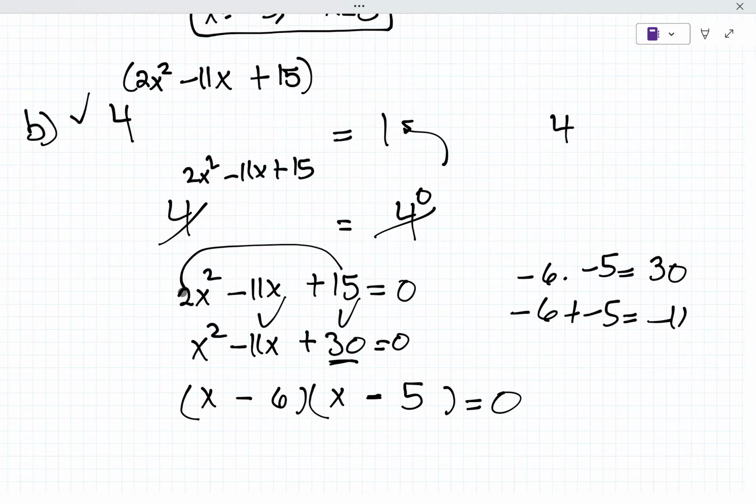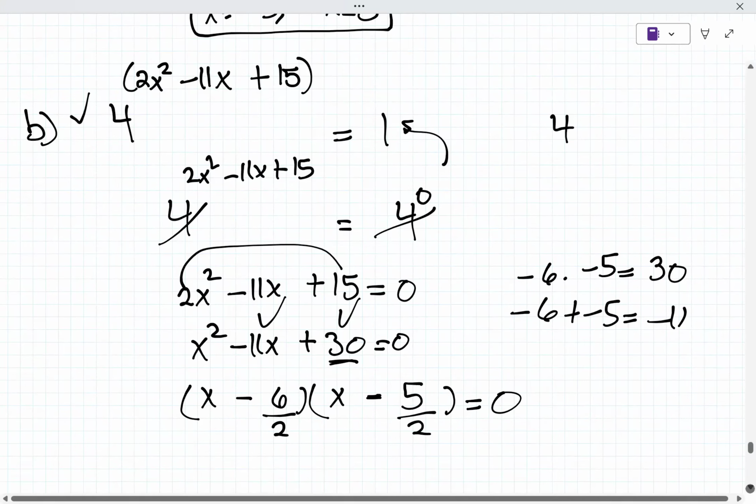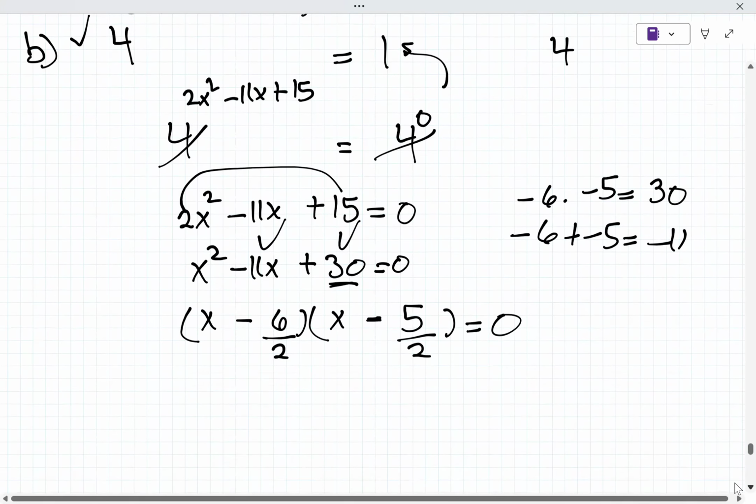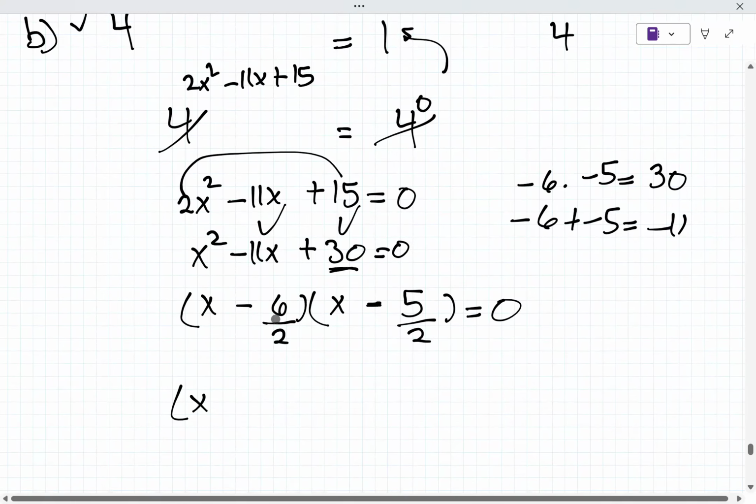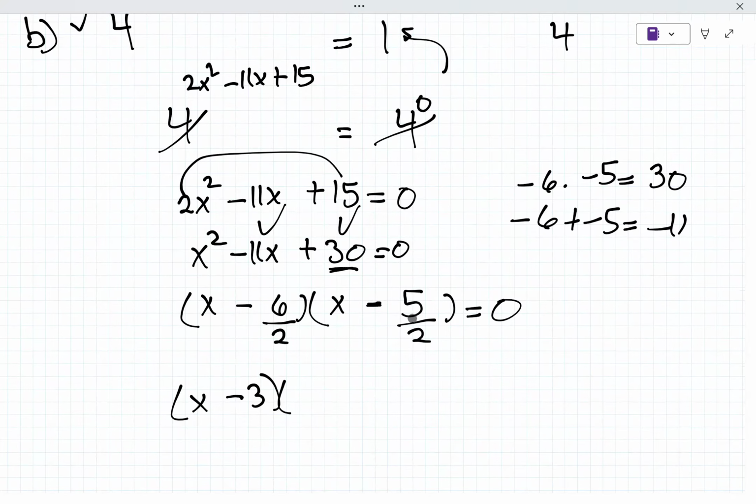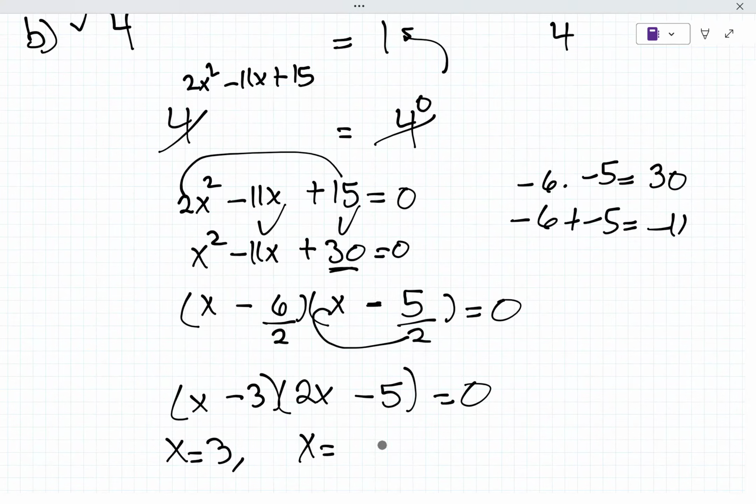Because we're doing bottoms up, divide the -6 by your a value 2, divide the -5 by 2. Simplify: -6 over 2 is -3. 5 over 2 is a fraction that cannot be reduced, so you put the 2 in front of the x and leave the numerator alone. When you solve for it, you get x equals 3 and x equals 5/2.